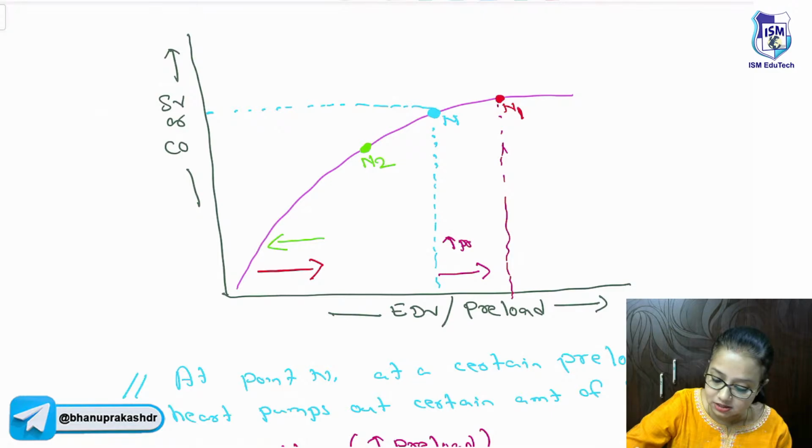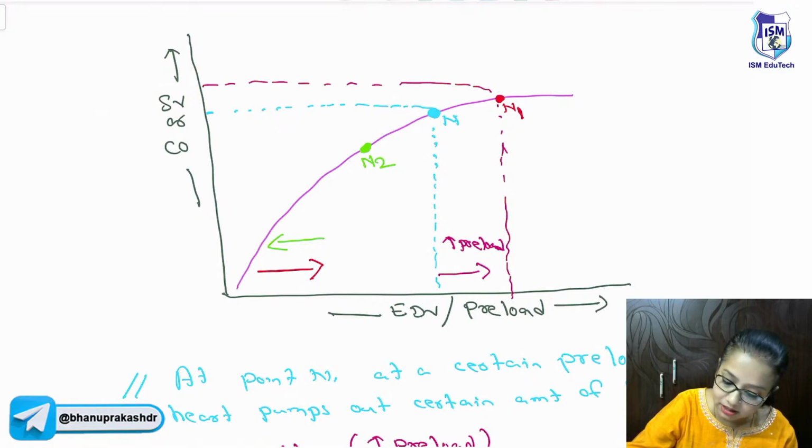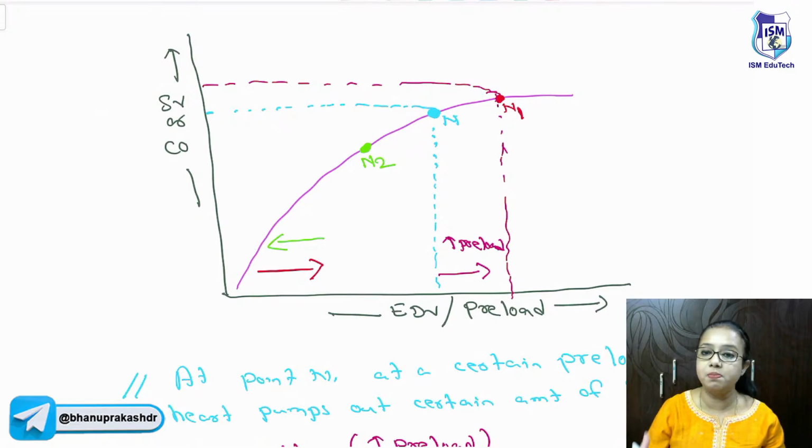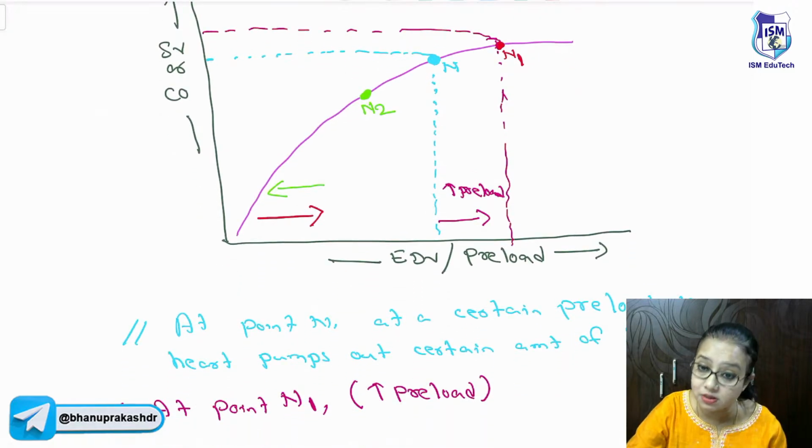So at point N1, the heart pumps out more amount of blood to the periphery as well as to the pulmonary circulation. But one thing we must notice, the point has deviated from N, but it is still lying on the same curve, meaning what?